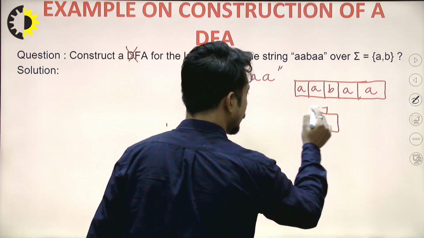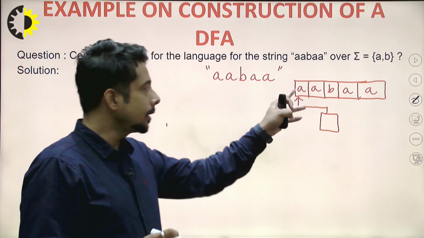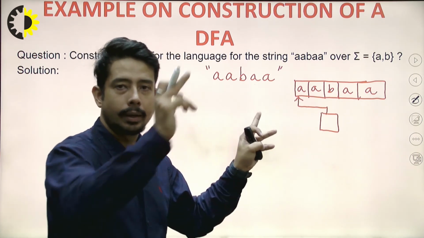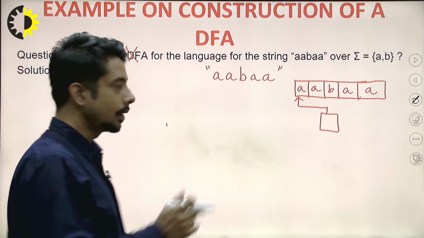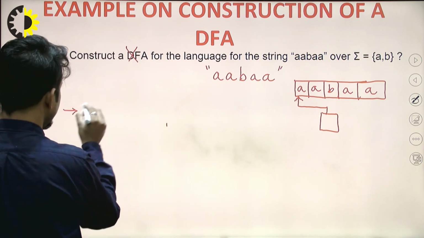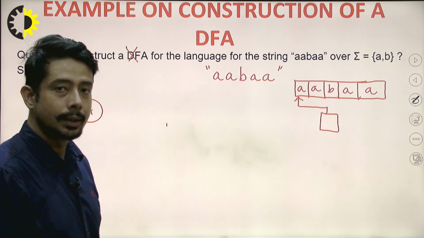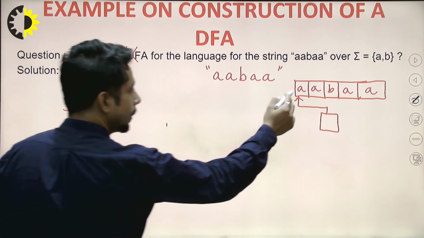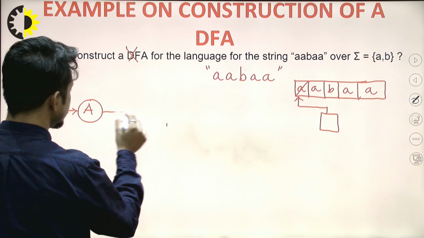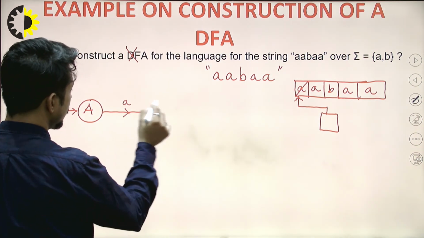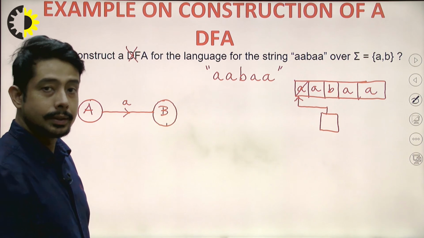So it will start from here and scan each alphabet in the string one by one until it reaches from the initial state to the final state. Therefore, I have to take an initial state over here. Suppose the state name is A. First it will read the alphabet A, so I have taken a transition A, and this transition will go to another state, say B.